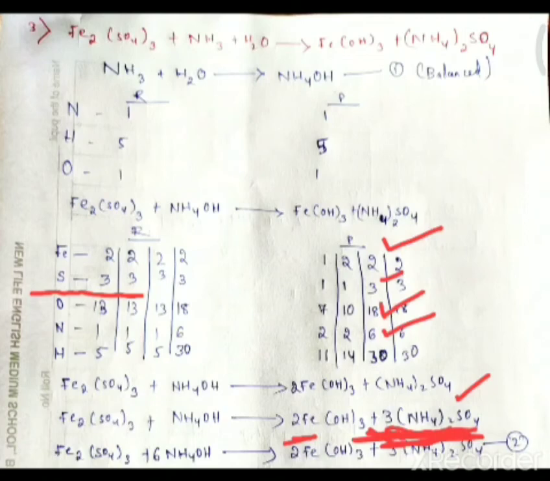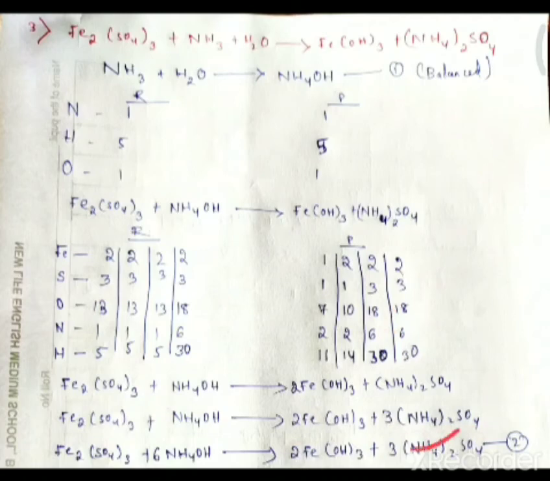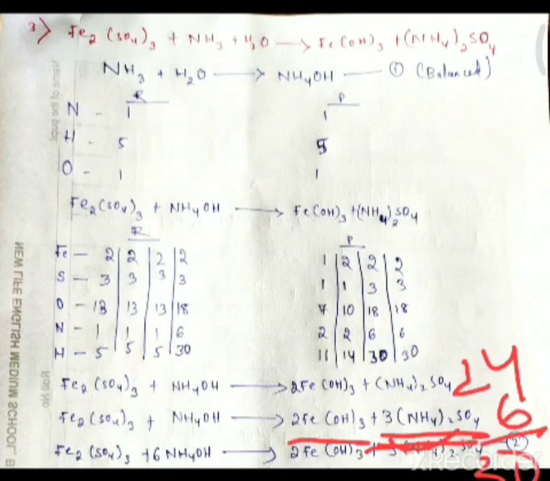Let's see. This one, see, 4 times 3 is 12. This part is 12 hydrogen, okay. Then this side 3 times 2 is 6, okay. Sorry. Here 4 times 2 is 8 and 8 times 3 is 24, okay. 24 hydrogen atoms this part, and this part 3 times 2 is 6 hydrogen atoms, total 30, okay.